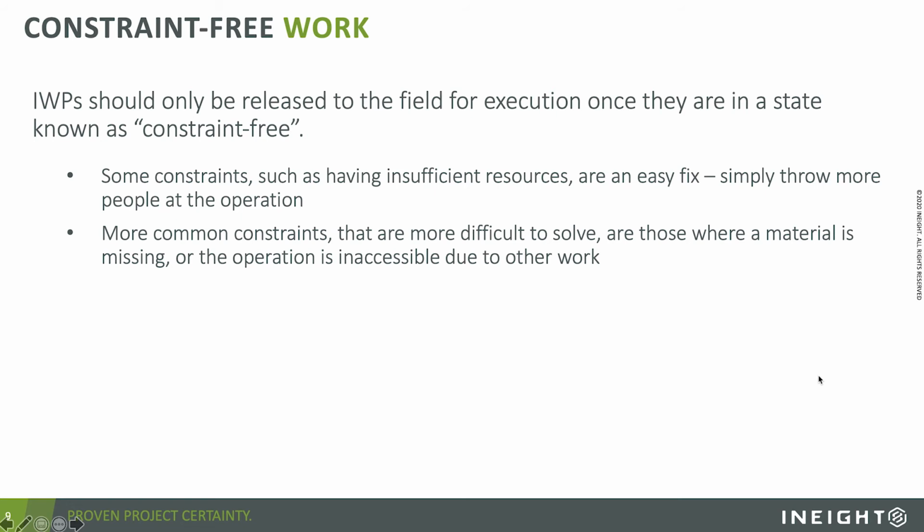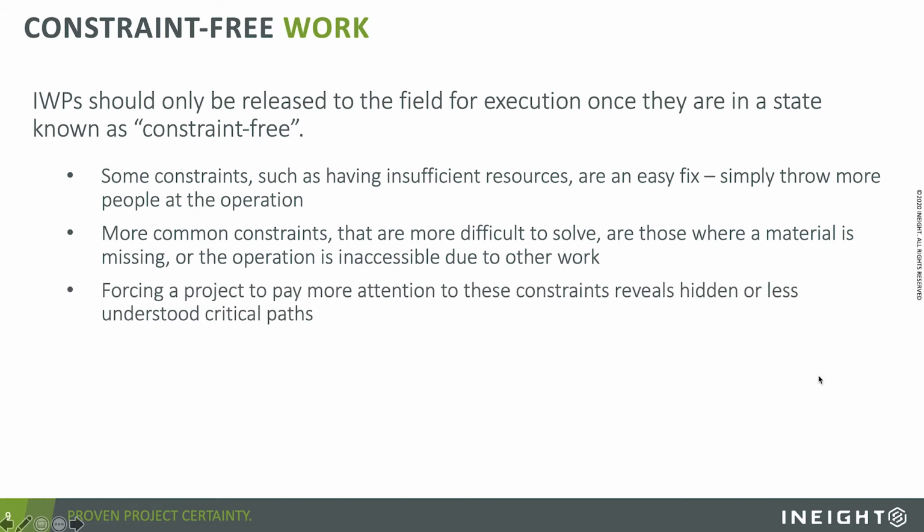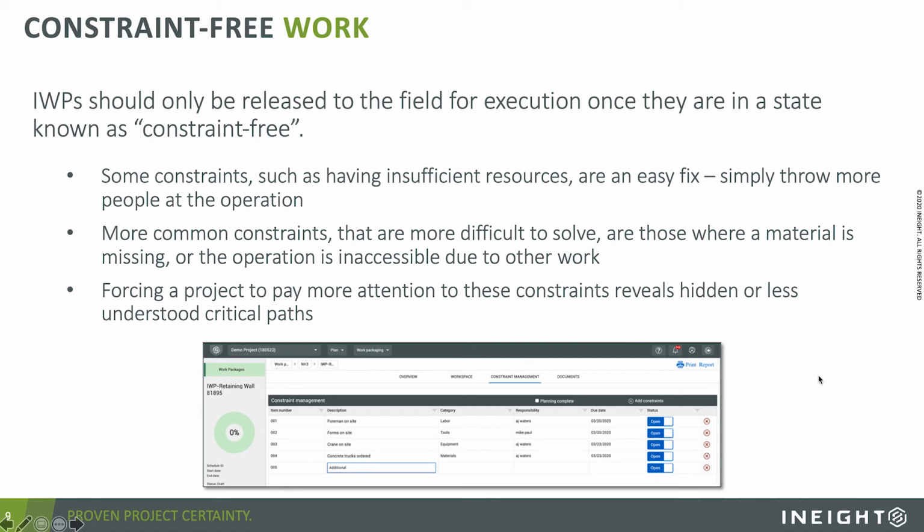What doing this constraint management and building these IWPs does for execution is it forces a project to pay more attention to hidden or less understood critical paths. And therefore, it's not obvious to go start work unless these open constraints are taken care of. And so the first thing when it comes to the who, what, and where of execution is to make sure that you are constraint-free.